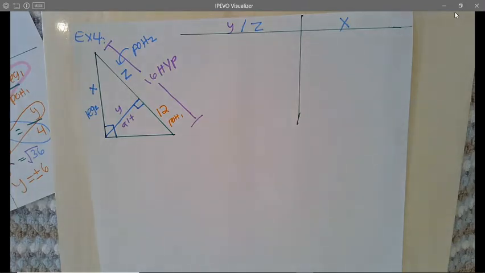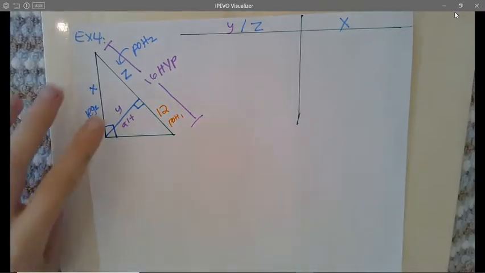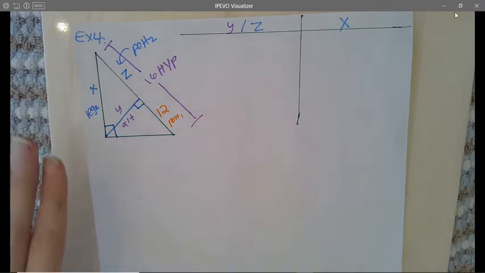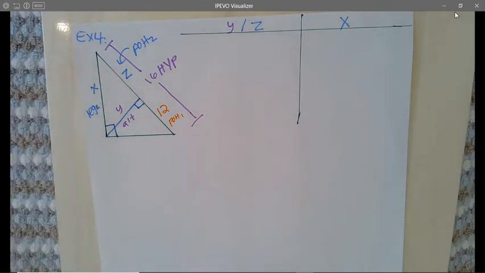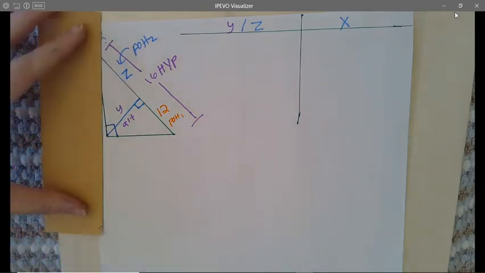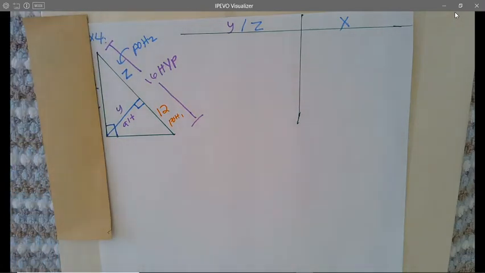Depending on whether we're given or solving for an altitude or a leg, that will determine which formula I use. Me personally, I like to deal with the altitude first. I have a bias toward the altitude. Y is sitting on the altitude, so I'm going to ignore X right now and put my piece of paper over it.